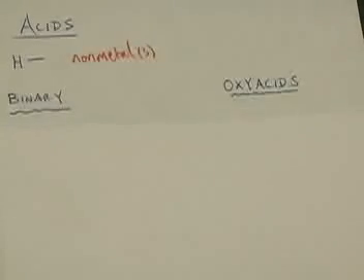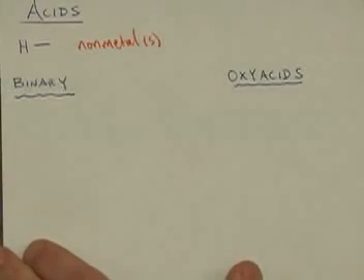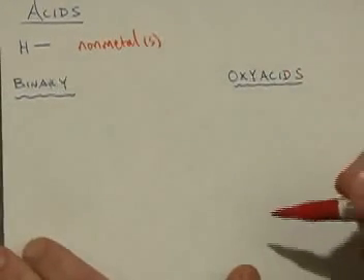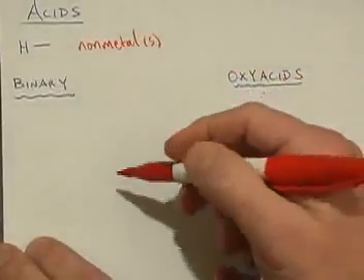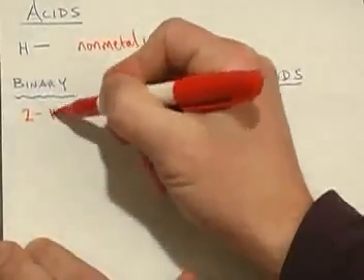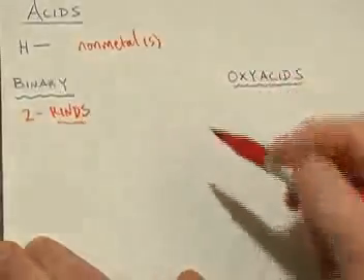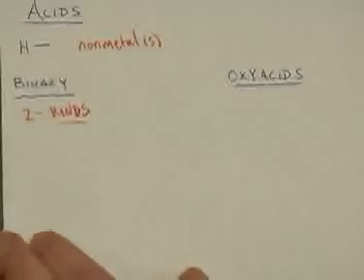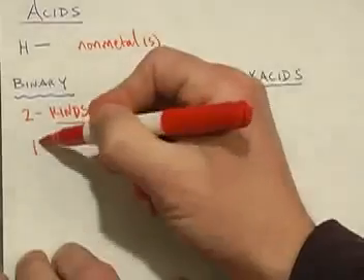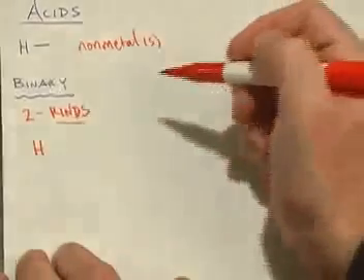There are two different classes of acids that we're going to learn about today. One is called a binary type acid, and the second one is called an oxy acid. Binary acids consist of two kinds of elements. Two kinds, not just two atoms, but two kinds. One of them is an H, and the other one is a nonmetal.